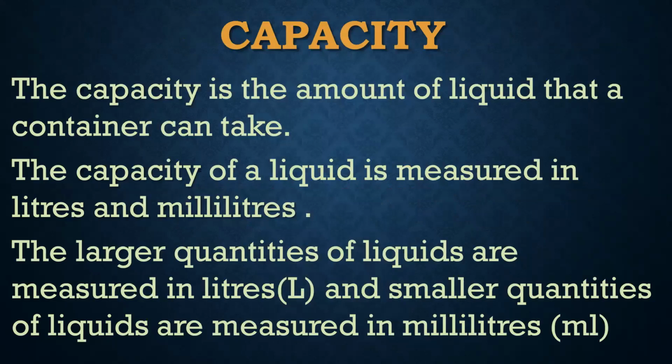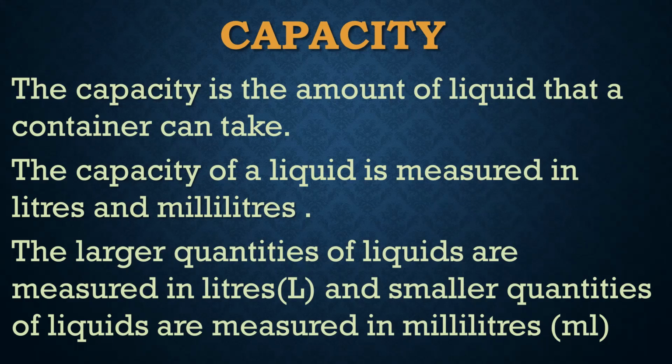Capacity is the amount of liquid that a container can take, which means that the capacity is the liquid itself. The capacity of a liquid is measured in liters and milliliters.